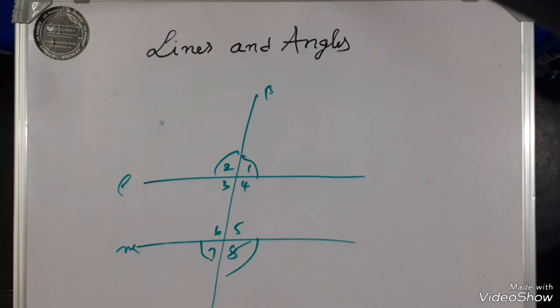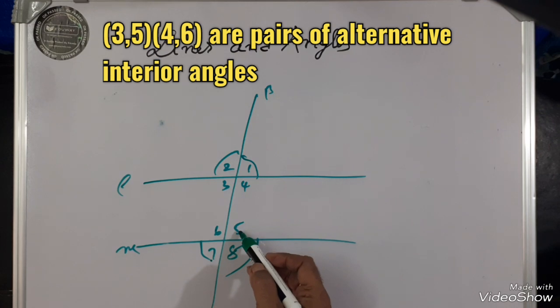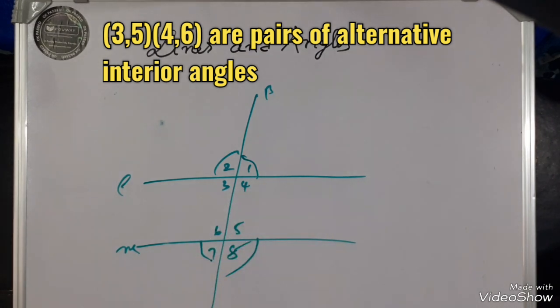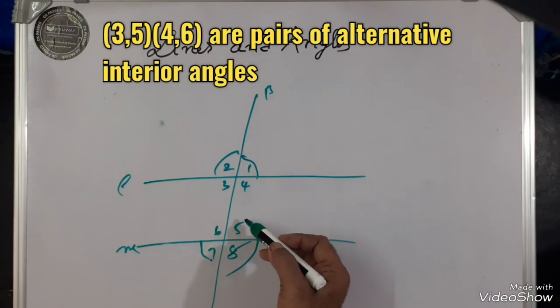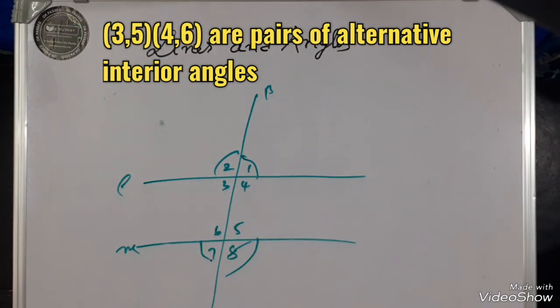Next, 3 and 5, 4 and 6 are called alternative interior angles.